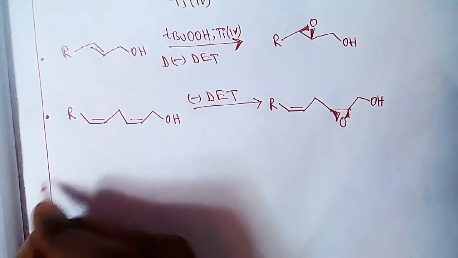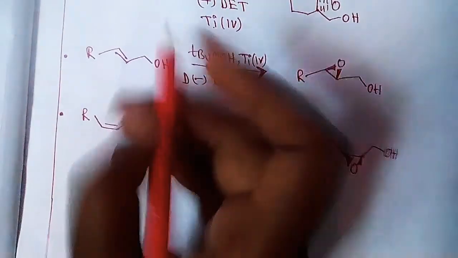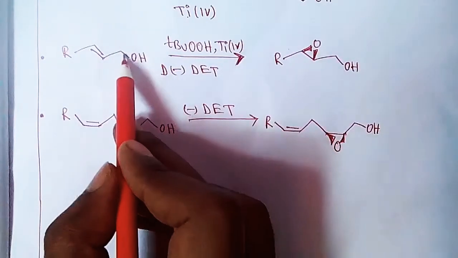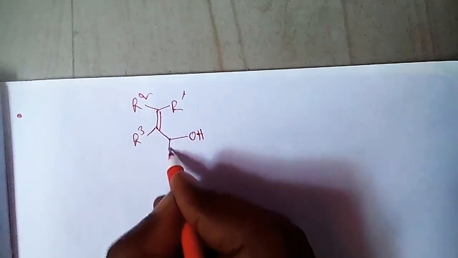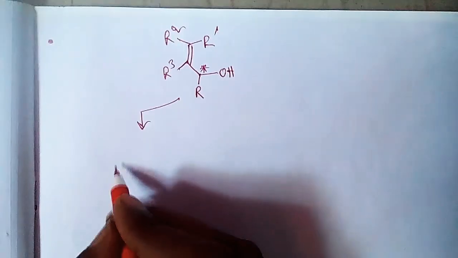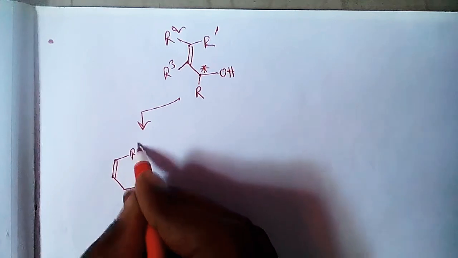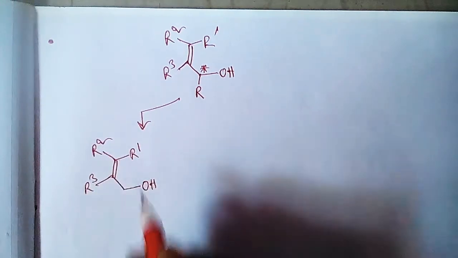Now, in the previous examples you can see the allylic carbon was achiral. But if the question gives this molecule with R, then this center is chiral, so it will have two conformations.